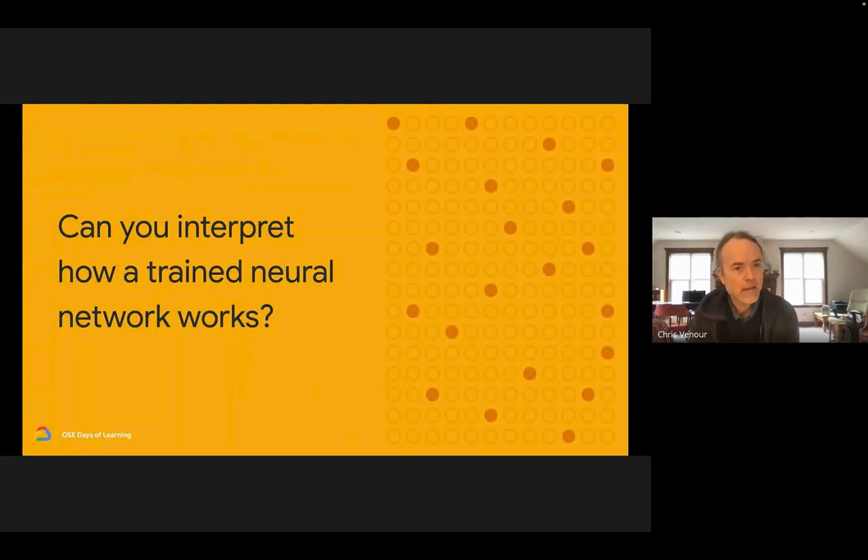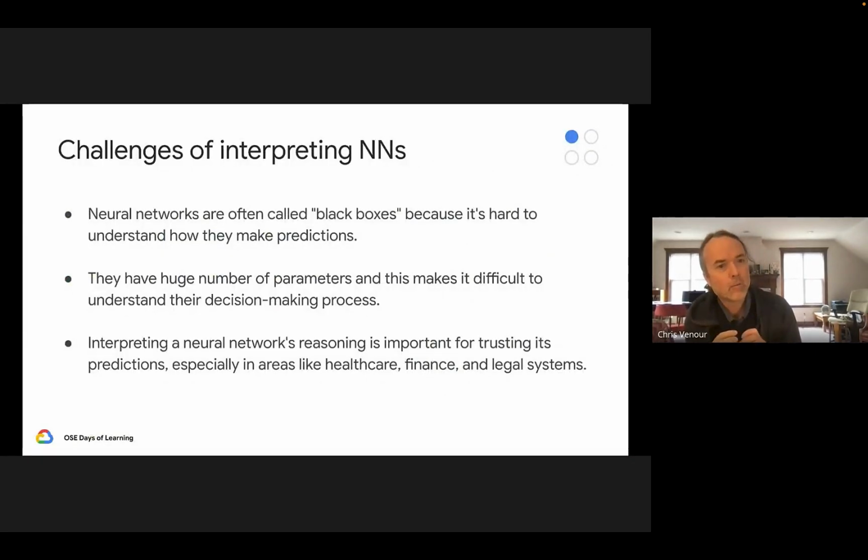Okay, and then this last section of the talk is, can you interpret how a trained neural network works? So neural networks are often considered black boxes because it can be very challenging to understand how they arrive at specific predictions. As we've seen, they often have a large number of nodes and layers, which means they have millions or billions of parameters.